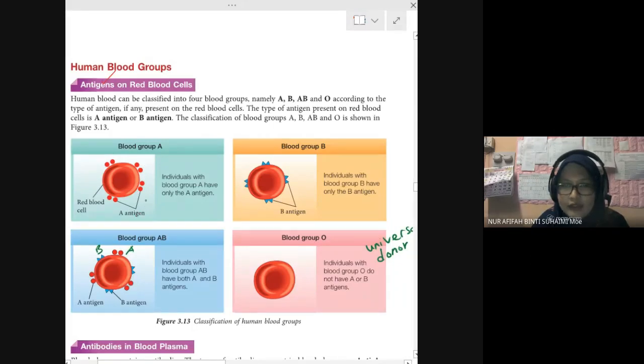So, blood group A has A antigen. Blood group B has B antigen, rectangle shape. And blood group AB contains both A antigen and B antigen. And blood group O does not have any A antigen or B antigen.